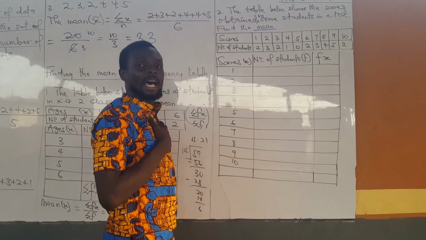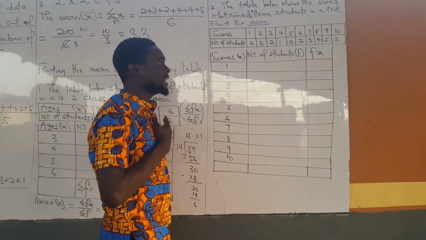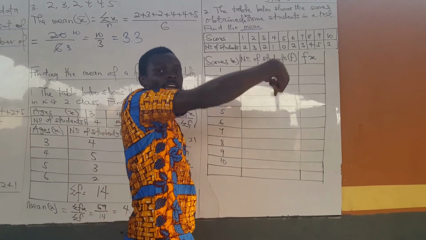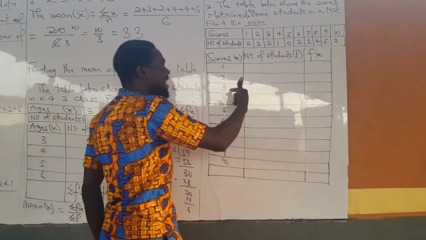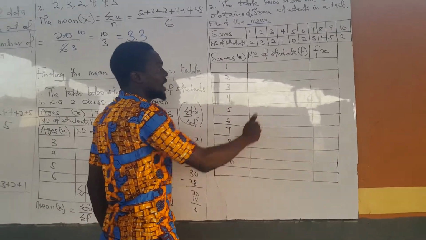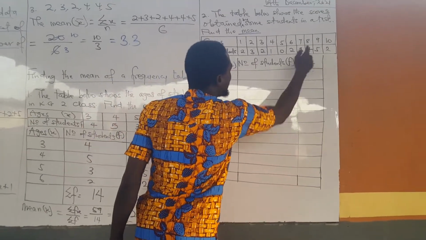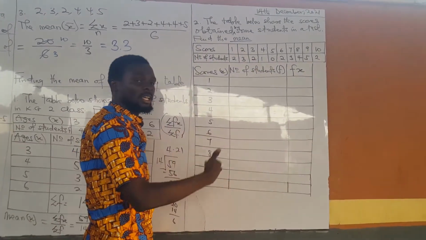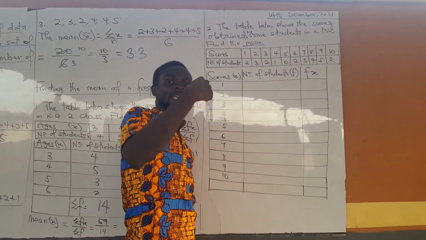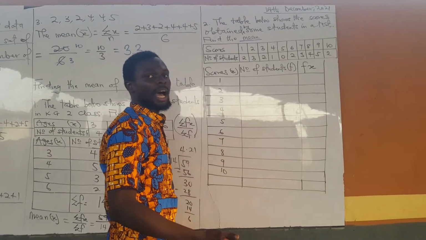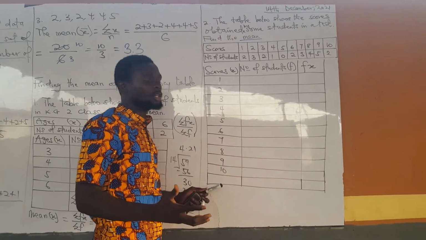The first value represents the X values, and the second represents the frequency values, because frequency is simply the number of items or individuals.